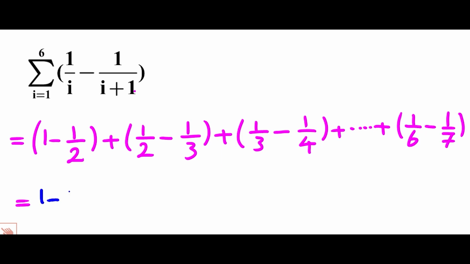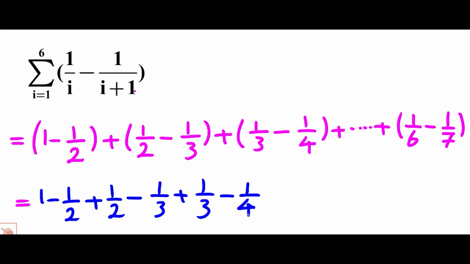So 1 minus 1 half plus 1 half, negative 1 over 3 plus 1 over 3 minus 1 over 4 plus 1 over 4 and so on, plus 1 over 6 minus 1 over 7.